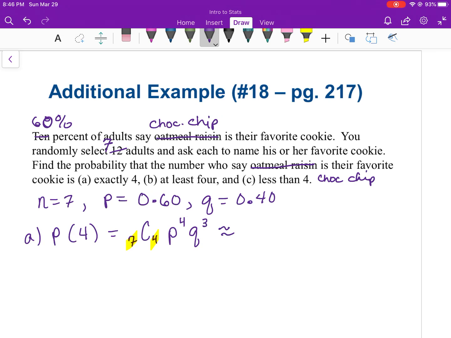So the 7C4 is 35, and then I'm going to take that times 0.6 to the 4th, and then times 0.4 to the 3rd. So 0.6 to the 4th times 0.4 to the 3rd. And that is roughly 0.290.